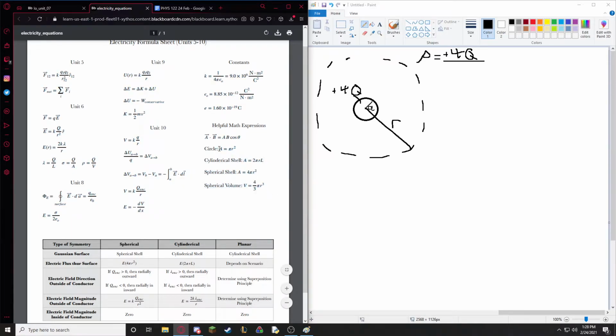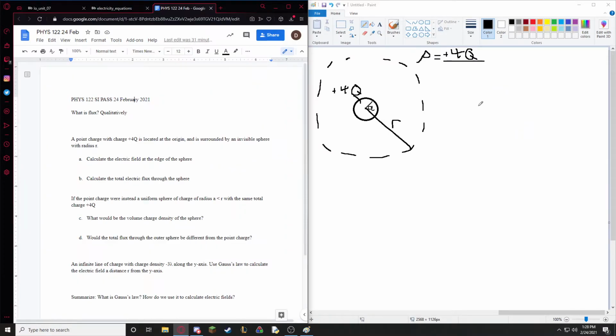He didn't give these on the formula sheet in the past, and I feel like a lot of people got hung up on that. So we divide by 4/3 pi a cubed. The 3 moves up to the top, the 4's cancel out. So it's 3q over pi a cubed. Boom. So that's our volume charge density.